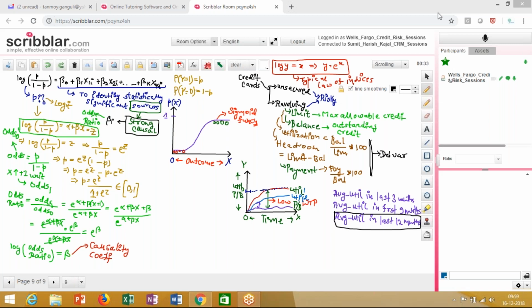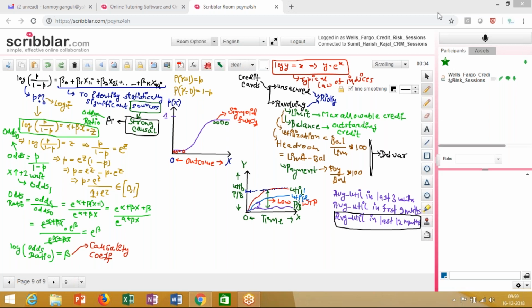Let's say I'm looking into September, October and November, and in December I am doing the analysis. The utilization in September would be paid in October, the utilization of October would be paid in November, and that of November would be paid in December. So that adjustment needs to be made, right?